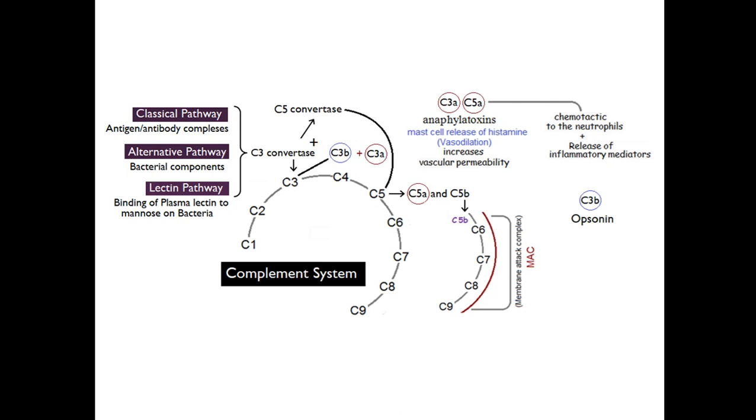In addition, C5A is a strong chemotactic agent, particularly for the neutrophils, and it causes the release of inflammatory mediators from the other cells.